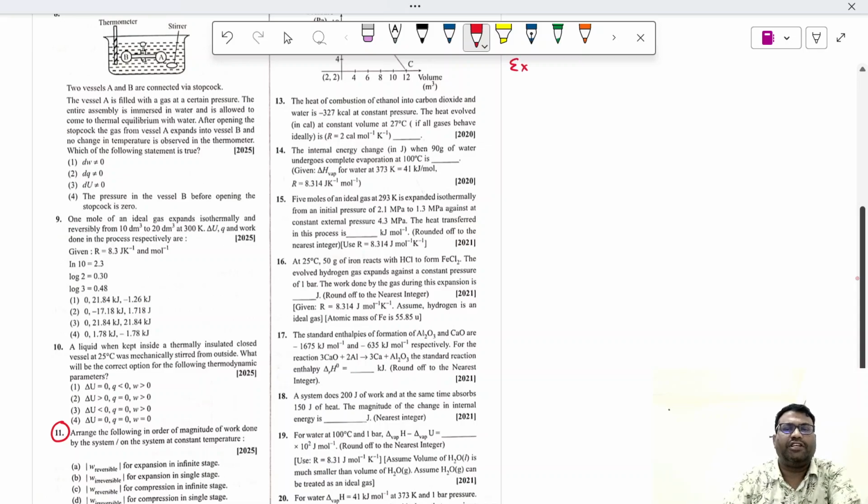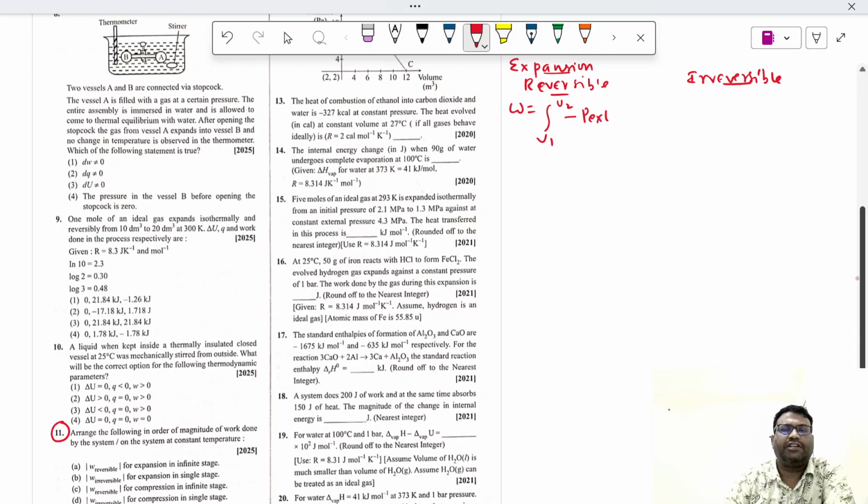First of all, let us see expansion, reversible and irreversible. Reversible expansion. We know that work done is equal to the integral from V1 to V2 of minus P external into dV.